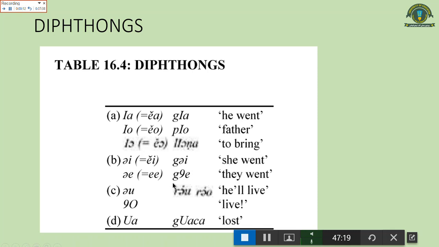The symbols are not correctly written. This particular sound, this one here as well, these are shua. So now look at this last symbol, it's ua, as in guacha, lost.